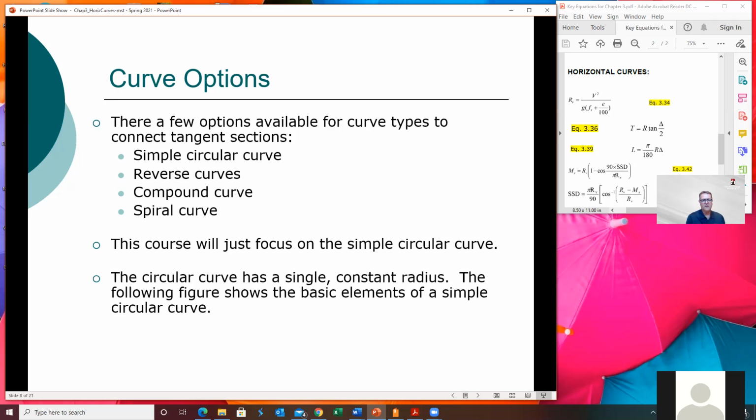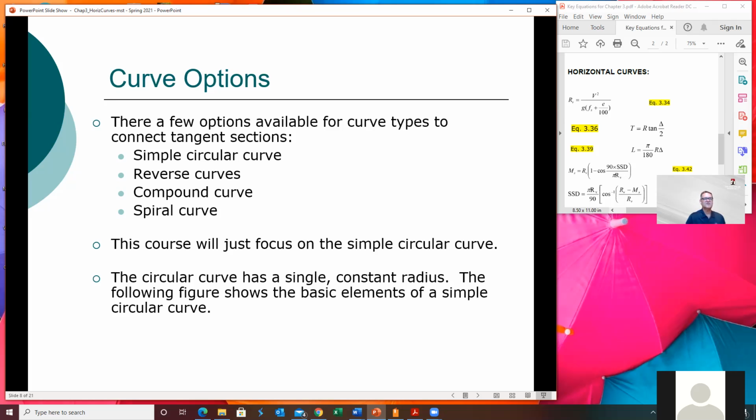Now a spiral curve is different, and if you ever get involved in designing railroad, whether heavy rail or light rail like the trolley here in San Diego, generally rail has spiral curves, which is a kind of parabolic curve. When a tangent starts into a curve for rail, they start into a spiral curve, which is a little more gradual, and then it ties into a circular curve.